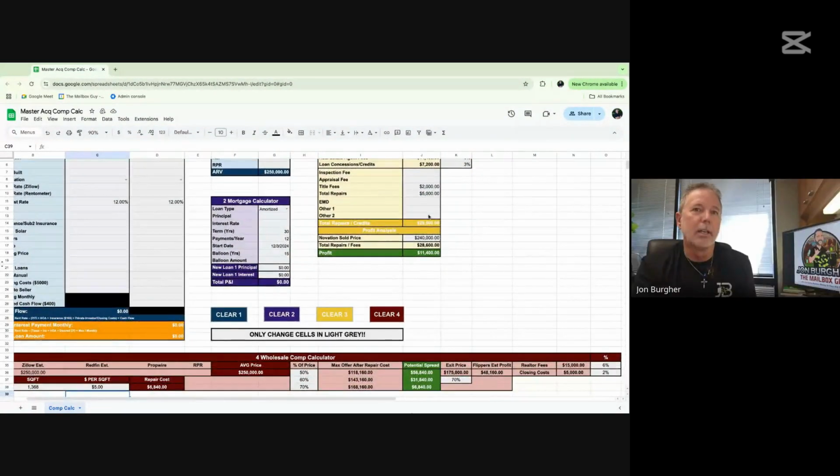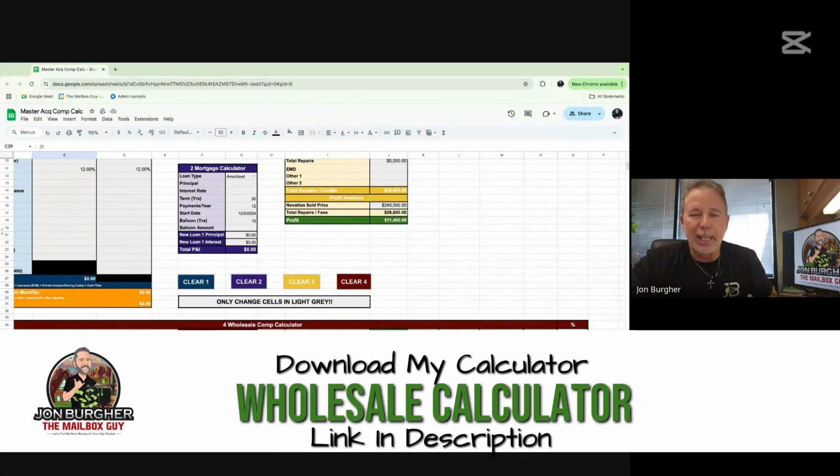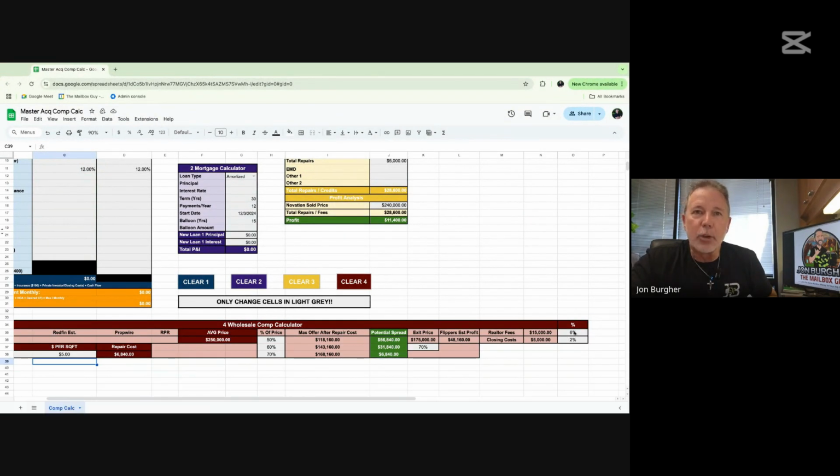At the same time, what this calculator does down here is if you sell it to a potential flipper, because if you're a good wholesaler, you are going to figure out what your flipper's income is going to be. So if you sell it to him at 70% of ARV, so you're selling it to him for $175,000, and I've already equated in his 6% realtor's fees and 2% worth of closing costs, he'll make $48,000.